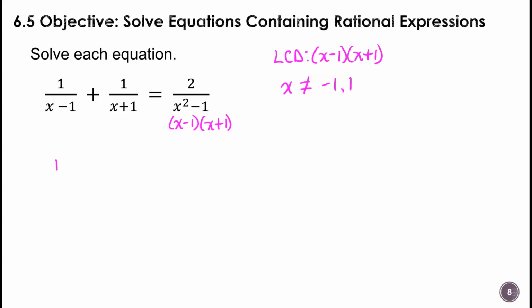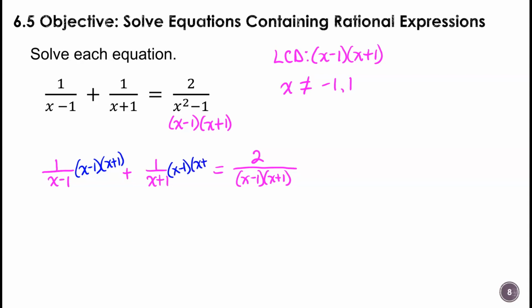So I'm going to rewrite this with some extra space. I find that this is helpful when I'm trying to squeeze in what I'm multiplying by. A lot of students don't want to do this step, but I feel like it's easier to make mistakes if you don't actually write this all out. So I would advise you to do that. So I multiply by these two factors that are my least common denominator. Remember, this is to clear the fractions.